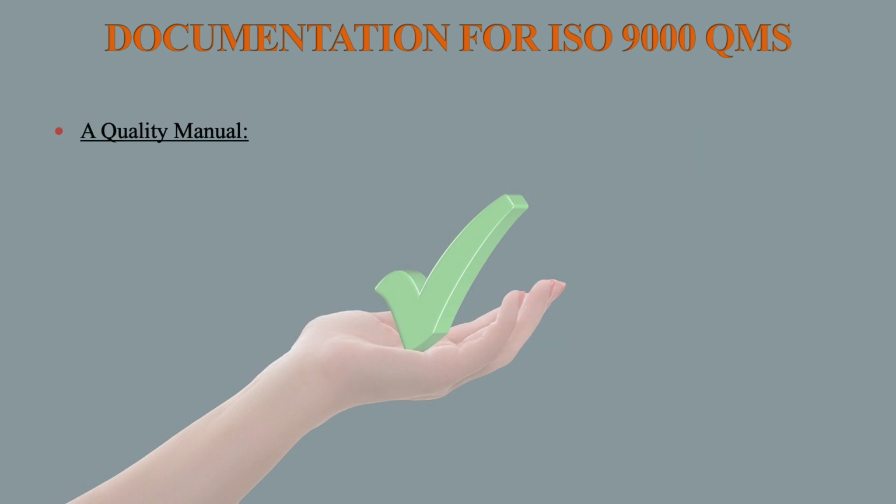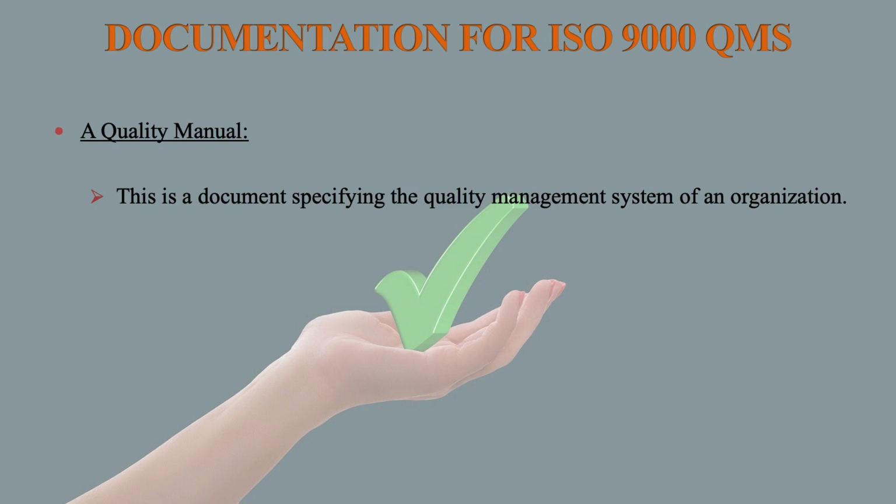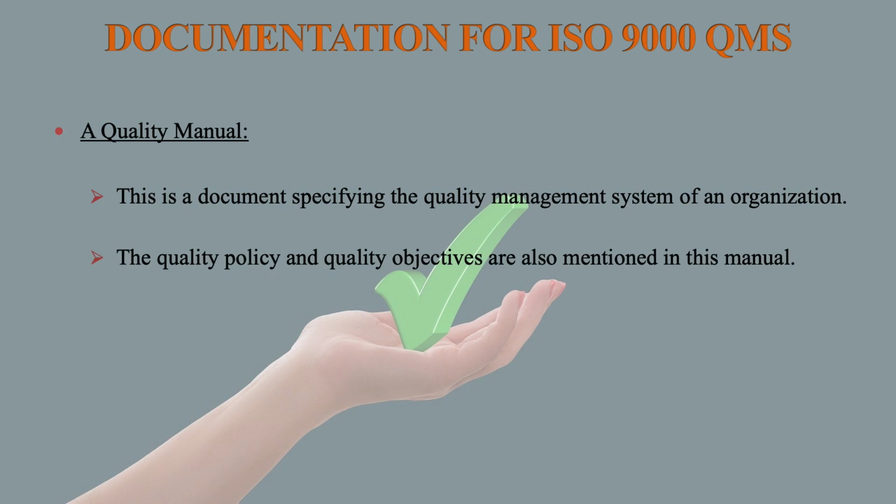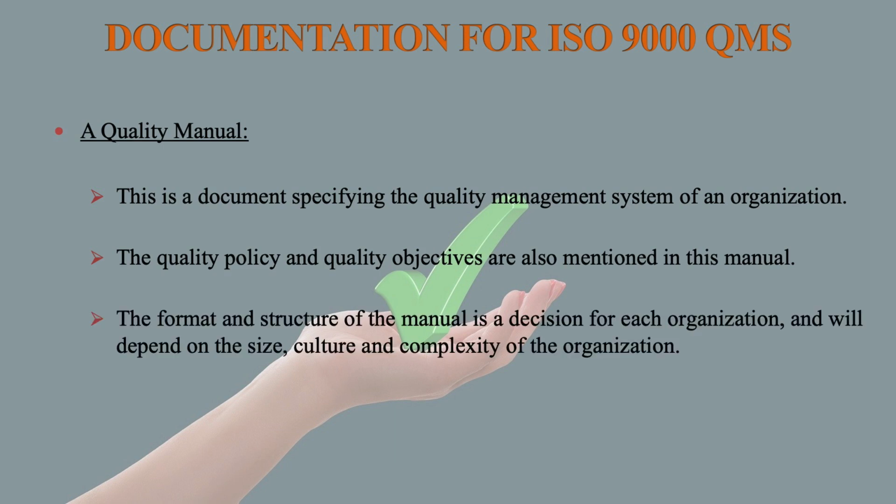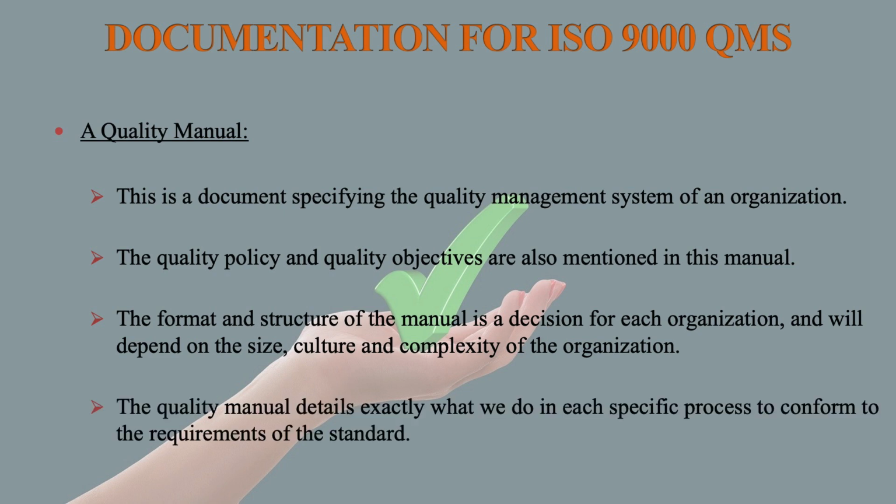The quality manual. This is a document specifying the quality management system of an organization. The quality policy and quality objectives are also mentioned in the manual. The format and structure of the manual is a decision for each organization and will depend on the size, culture and complexity of the organization. The quality manual details exactly what we do in each specific process to conform to the requirements of the standards.